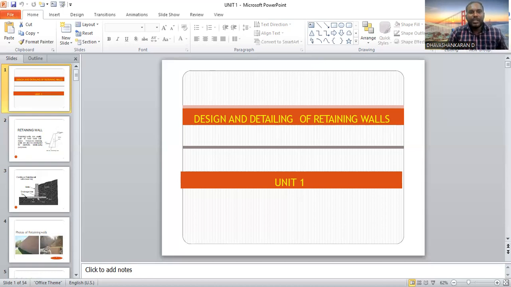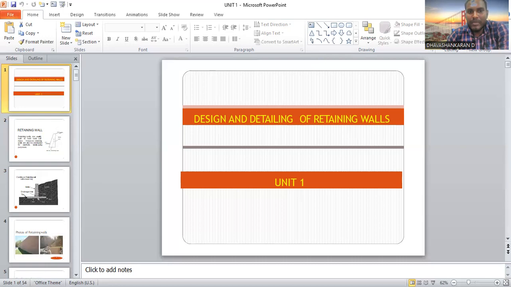Then earth pressure. Majorly there are two types of earth pressure in the soil. One is active earth pressure, which acts towards the side of the soil, and another is passive pressure, which acts against the soil pressure. These two types of pressure are created in the soil. Earth pressure is the pressure exerted by the retaining material.